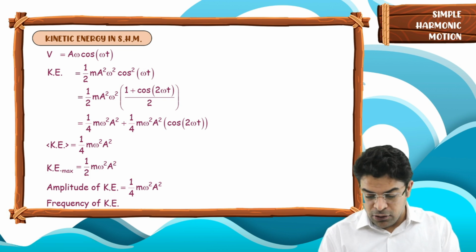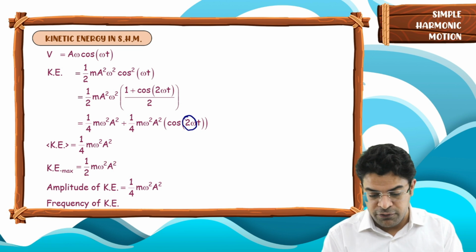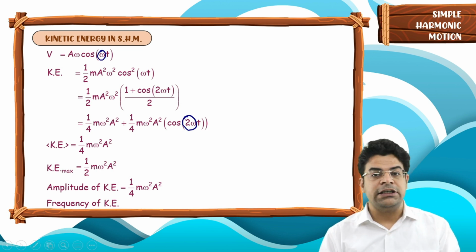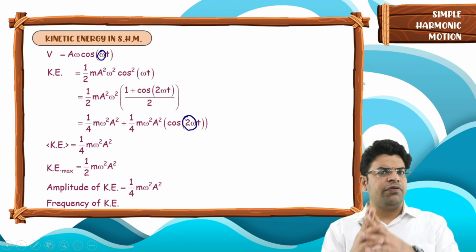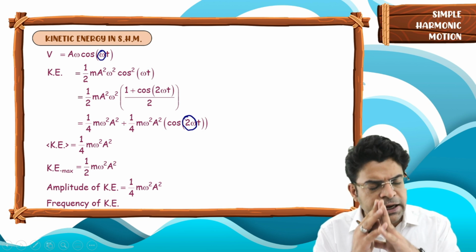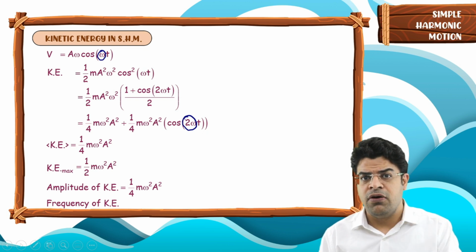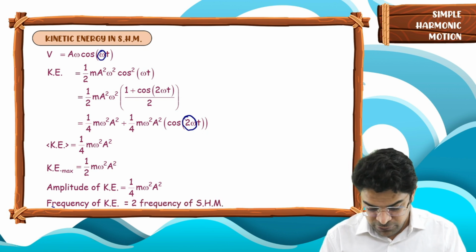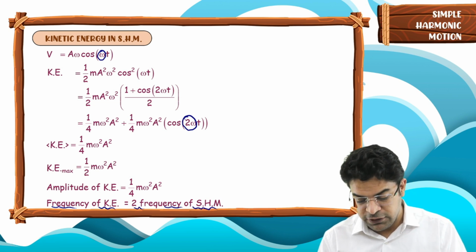So the angular frequency of variation of kinetic energy is twice the angular frequency of SHM. Remember this important simple thing: the angular frequency of variation of kinetic energy is double the angular frequency of variation of position. So frequency of kinetic energy is 2 times the frequency of SHM.